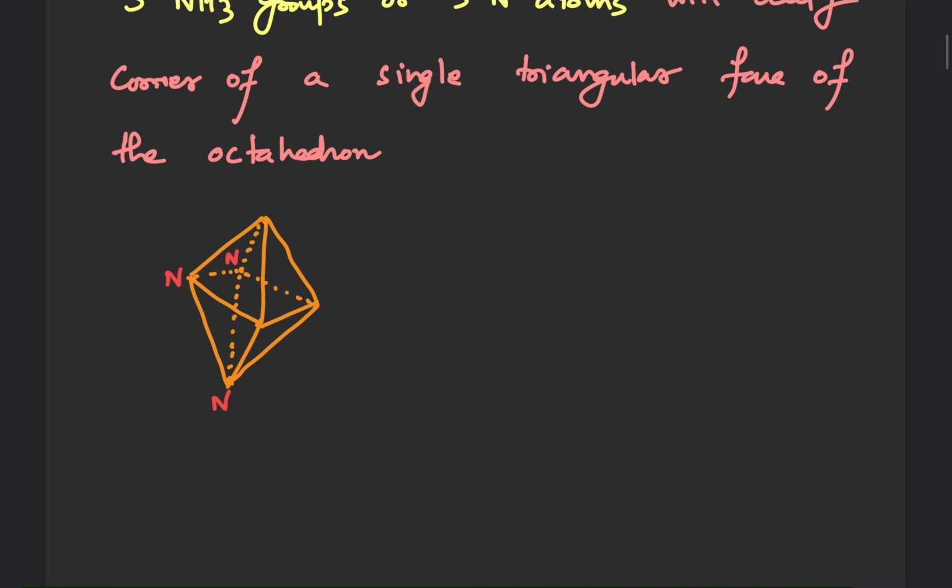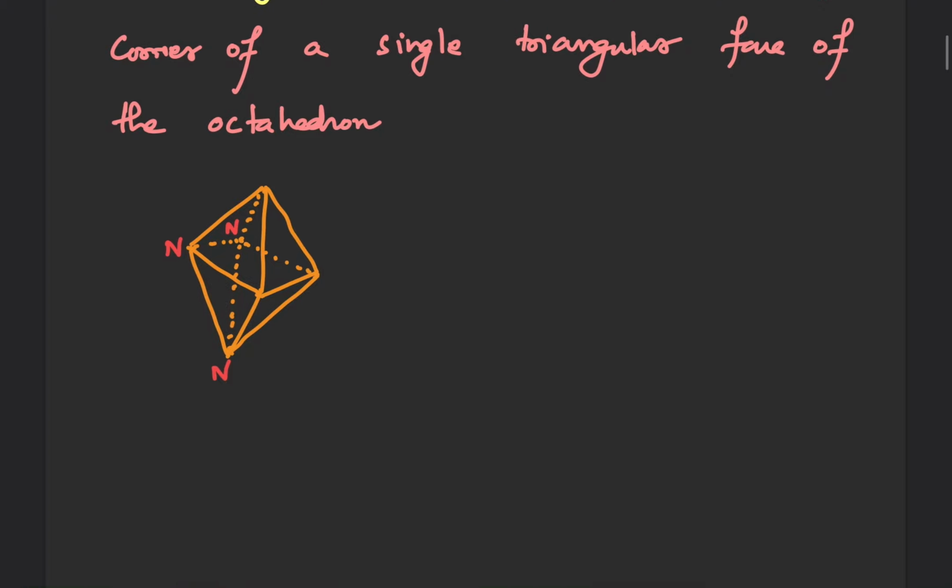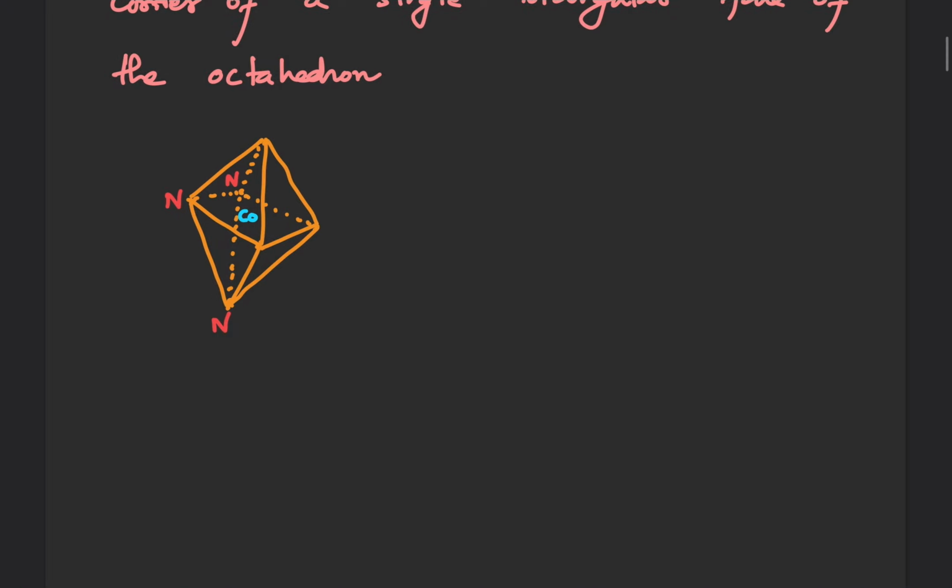This is the face that I have selected. Obviously cobalt is at the center of the octahedron. You can see N is on adjacent positions of cobalt, so that's why it is the cis form.